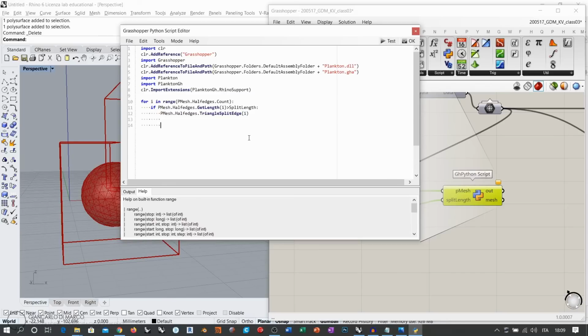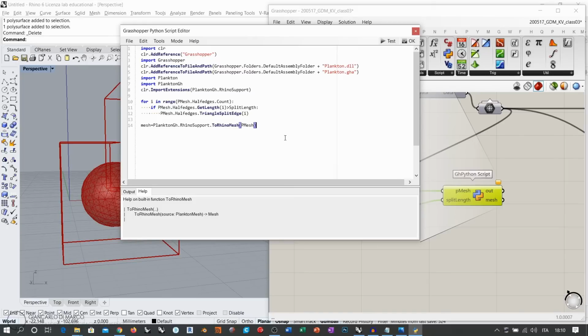Okay, and that's it, because this is the only operation that we want to do. And as a result, we want to make the conversion from Plankton mesh to a standard mesh. So I'm going to say that mesh, which is the output, is going to be PlanktonGH.RhinoSupport.ToRhinoMesh(pmesh).